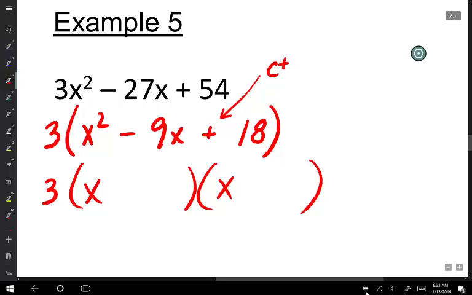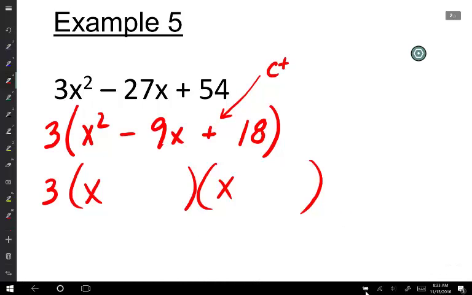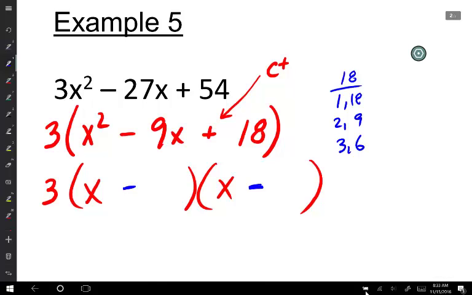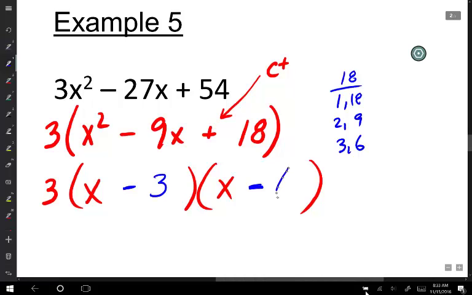That means it's either 2 positives or 2 negatives. How do we know which it is? Look at the middle. 2 negatives. Good, Jonah. So the middle gives us our ticket there. Now I'm going to write my factors of 18: 1 and 18, 2 and 9, 3 and 6. Which of those combine to get negative 9? 3 and 6. And that's my answer.